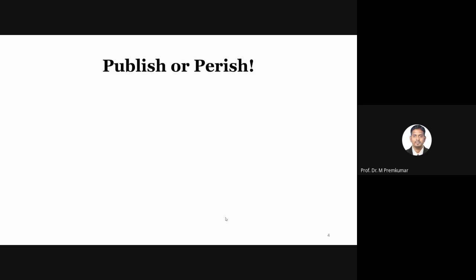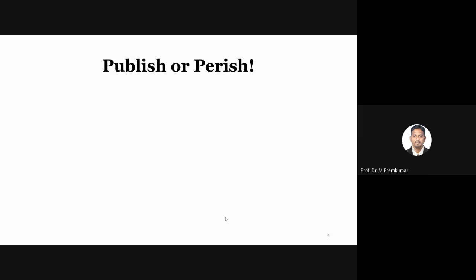But at this current stage, what I can say is the statement: publish or perish. Because in most institutions, people are focusing on NIRF ranking. A lot of ranking systems are available, and the NBA process and the NAAC process are there. They want to get their institute accredited. So obviously the people are looking for some kind of publications.